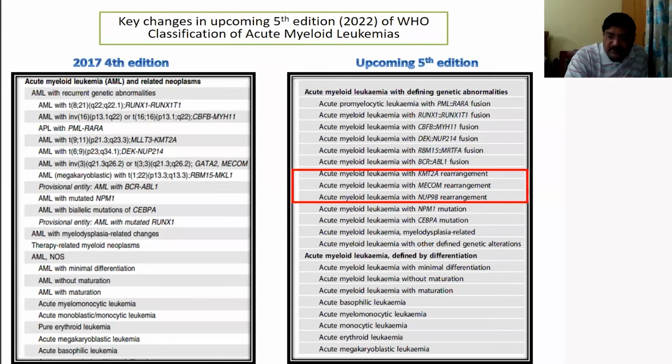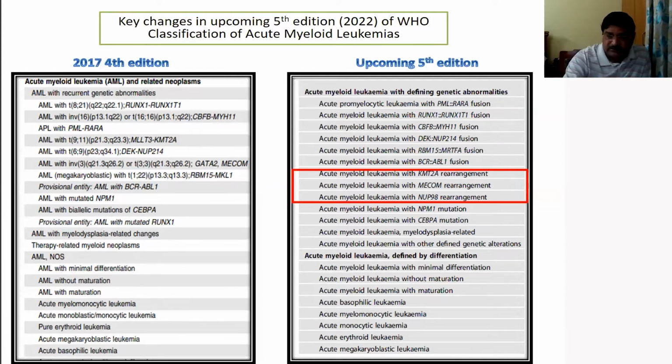So if you look at the fifth edition, you have AML defined by differentiation. What the fifth edition has done is create two broad categories. One is acute myeloid leukemia with defining genetic abnormalities, which are these, and AML defined by differentiation, which are morphologic. So morphology has still been retained as it was defined in the fourth edition.